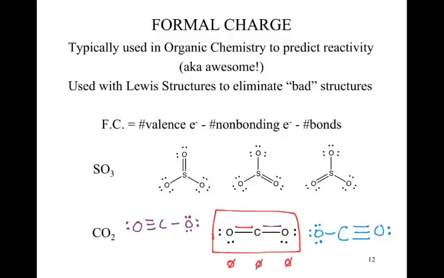If you go through and calculate the formal charge on the rightmost structure, you will find the leftmost oxygen is -1, the carbon is 0, and the rightmost oxygen is +1. If we check it with our purple structure, we end up with the inverse. All of these total to satisfy the formal charge given for CO2, 0.